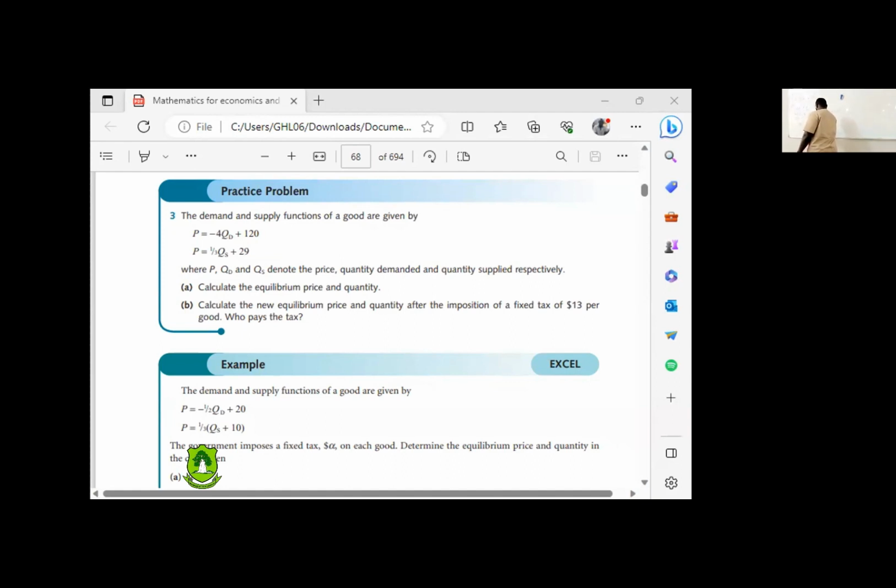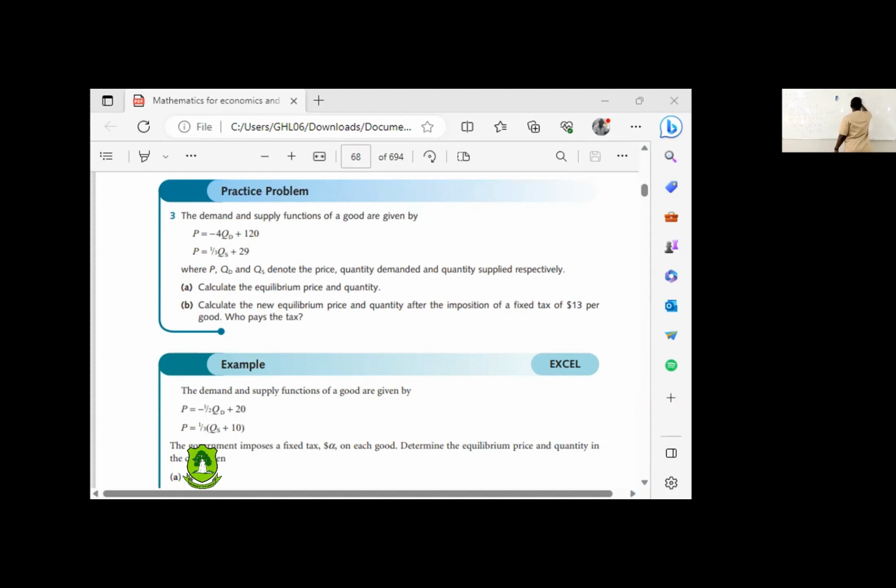This one times 3 will give us 273. So 273 is equal to this plus this, 13Q.